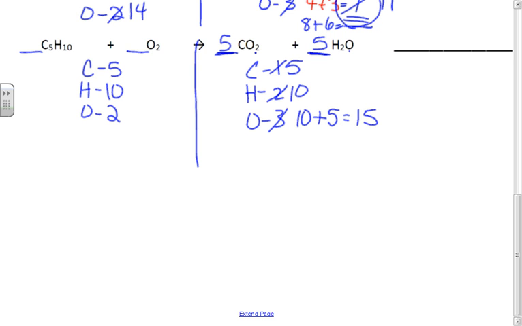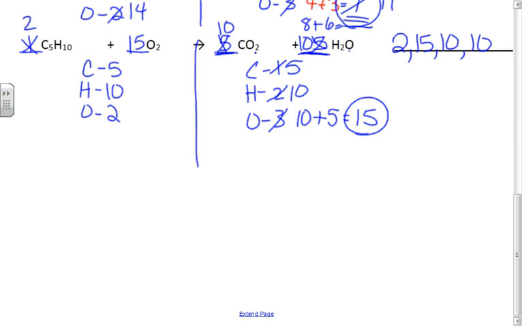So we get 15, which is odd, and that means that that number goes right here. And every other number that we have has to be doubled. So our coefficients would be 2, 15, 10, and then 10 right there.